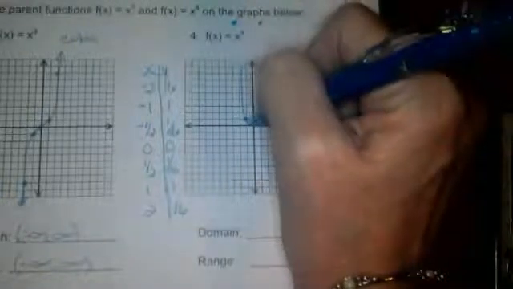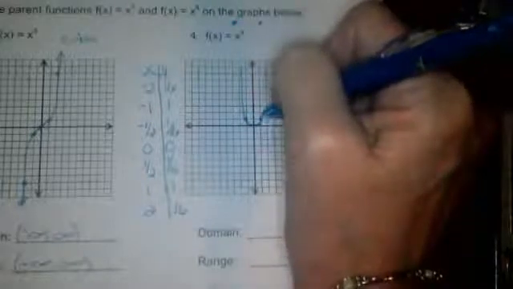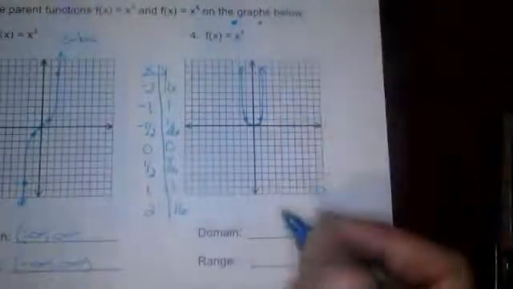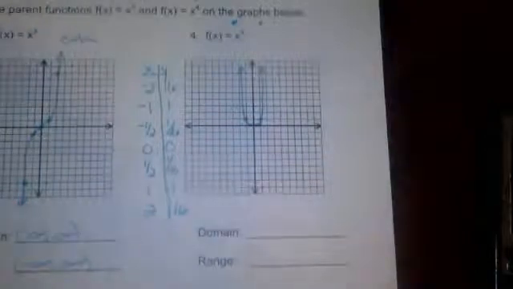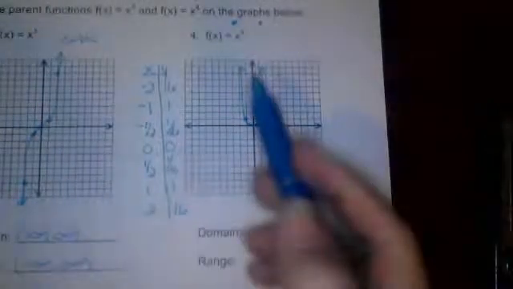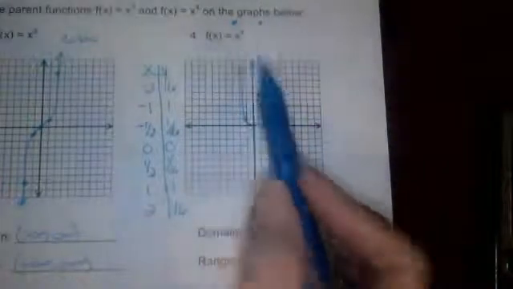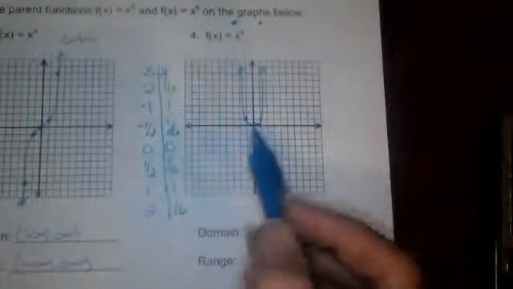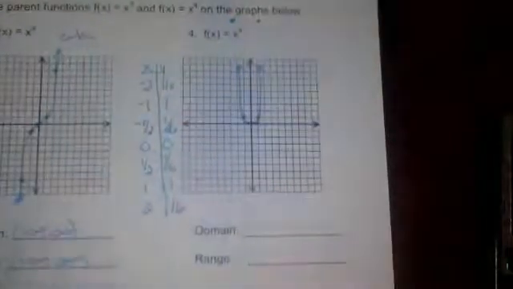So this thing grows very, very rapidly, very quickly, but at the bottom, it flattens out across the bottom. So it's going to look very similar to the x to the second power, or just the parabola function, but it is thinner because it goes up faster, and it's flatter across the bottom because these fractions are going to stay very small. But my domain is still negative infinity to infinity. My range, 0 to infinity.